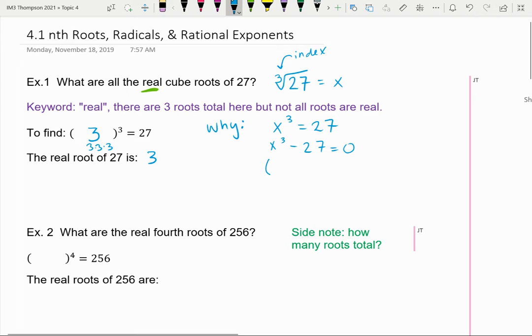And that factors to, in this case, x minus 3 times x squared plus 3x plus 9. I know that's digging back in our memory just a little bit.